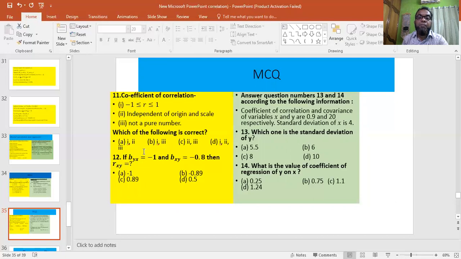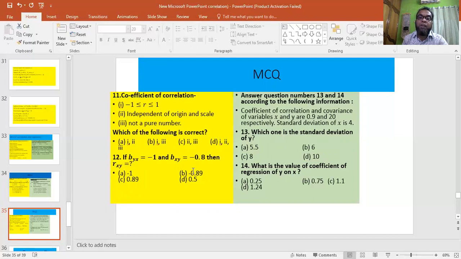Number 12. If byx equal to minus 1, regression coefficient of y on x, and bxy equal to minus 0.8, then we know rxy equal to root over byx into bxy.